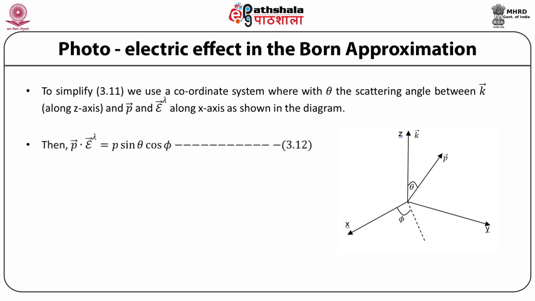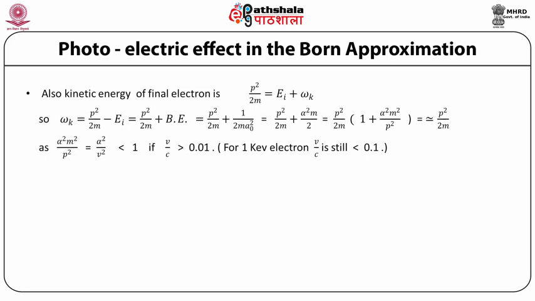Then p⃗·ε⃗_λ is equal to p sinθ cosφ. Also, the kinetic energy of the final electron is p²/2m, which is equal to E_i + ωk. So ωk is equal to p²/2m minus E_i, which is p²/2m plus the binding energy, p²/2m plus 1/(2m a₀²). That is p²/2m plus α²m/2, equal to p²/2m (1 + α²m²/p²), which is of the order of p²/2m, as the α² term is small if v/c is greater than 0.01.